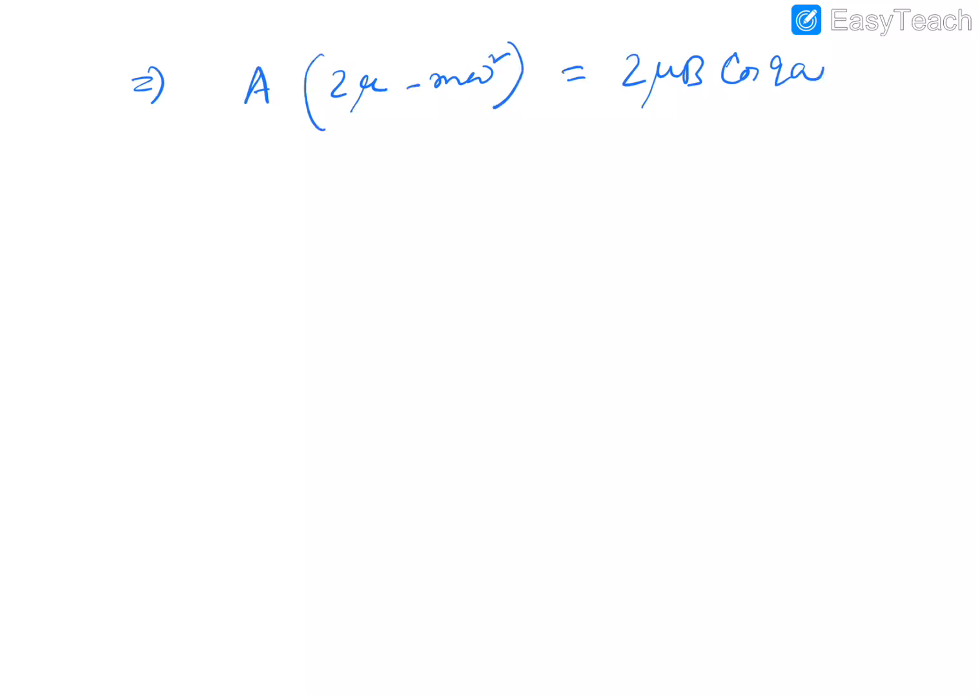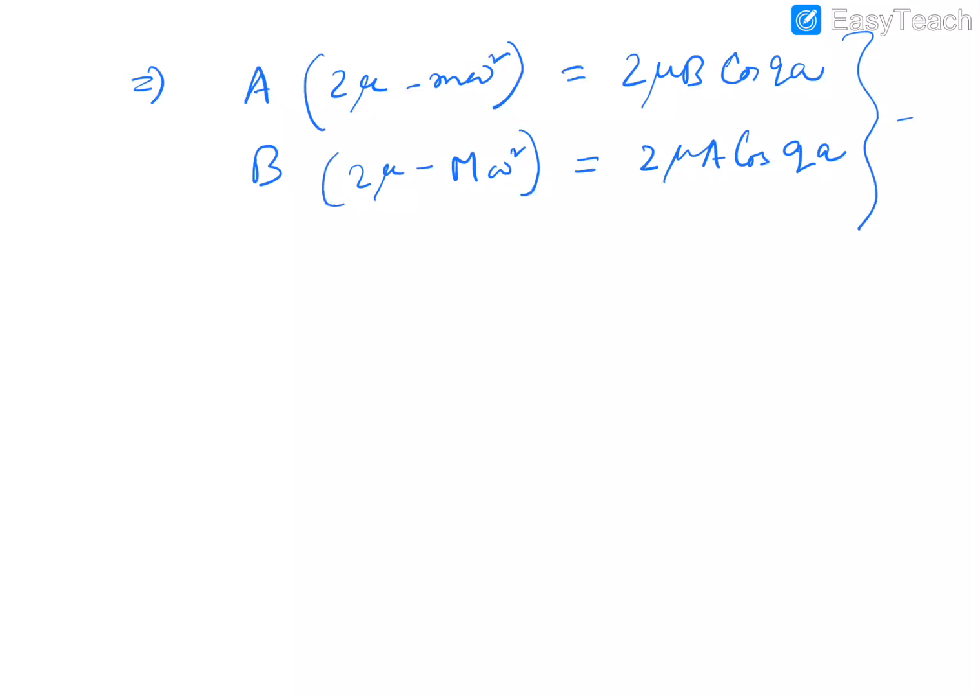The other one would be then b times 2 mu minus capital M omega square will be equal to 2 mu a cos of qa. So these are the two equations. Now the equation number 4 that we are getting.